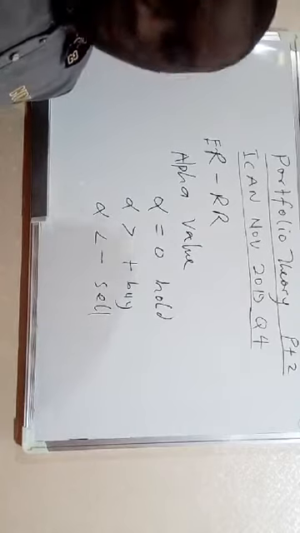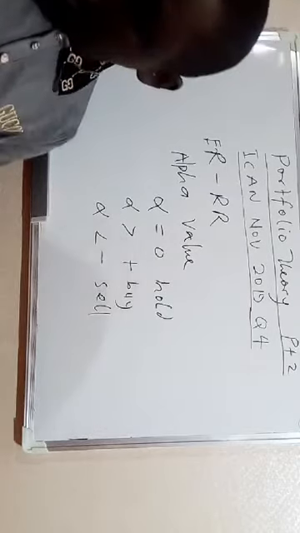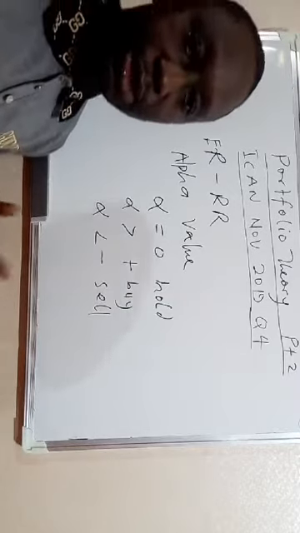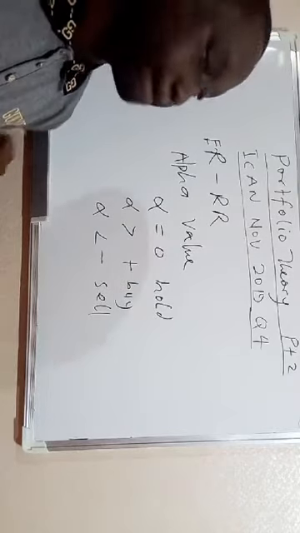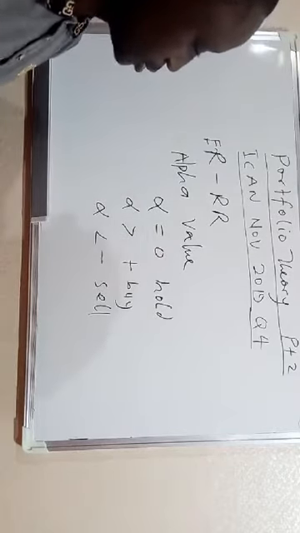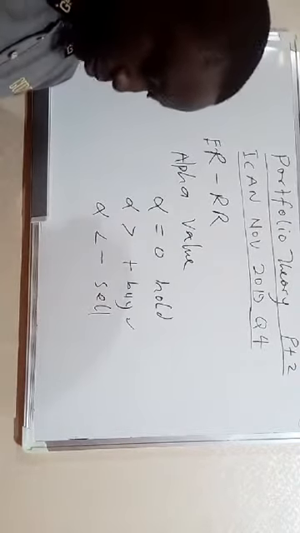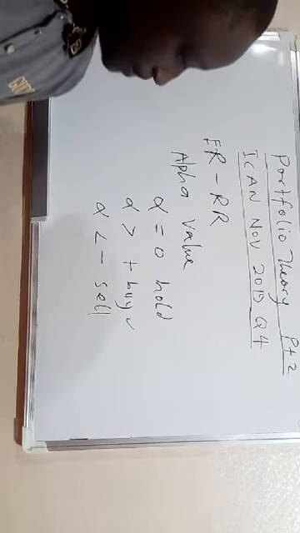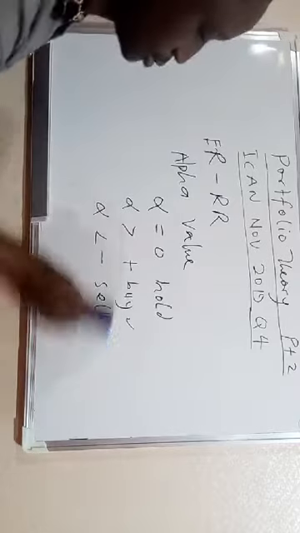So for you to know which one to buy, because question B is talking about which of the securities among A, B, and C you are to buy, meaning it is going to have a positive alpha.